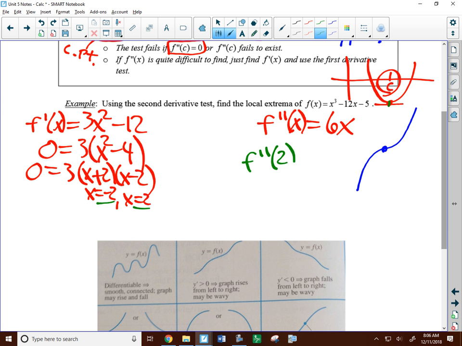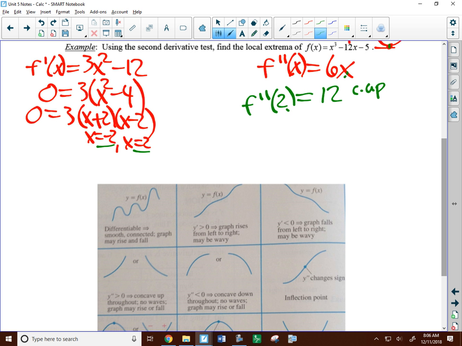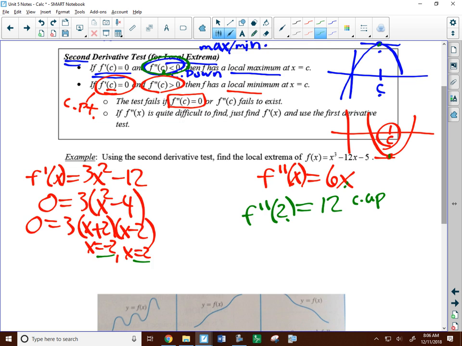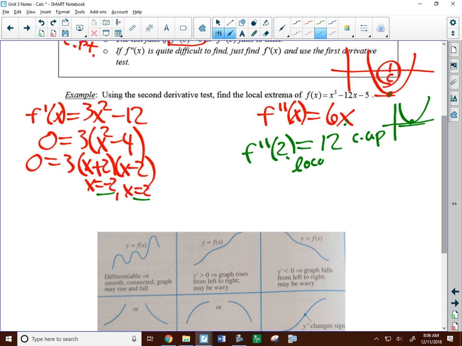So we'll start with 2. I plug in 2 to the second derivative here. 6 times 2 is 12. So what that tells me is it is positive, it's concave up. So it's concave up, and at C the slope was 0, so it's a local min. I'll just put local min at x equals 2.